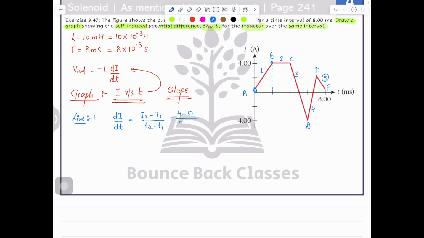So 2 minus 0 in millisecond, multiplied by 10 power negative 3. Clear? So 4 divided by 2, and it goes up, so multiplied by 10 power 3, which is equal to 2000. Yes or no? So this is your first di over dt, di1 over dt, for line 1.